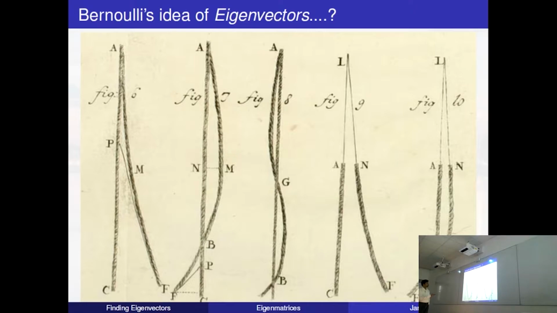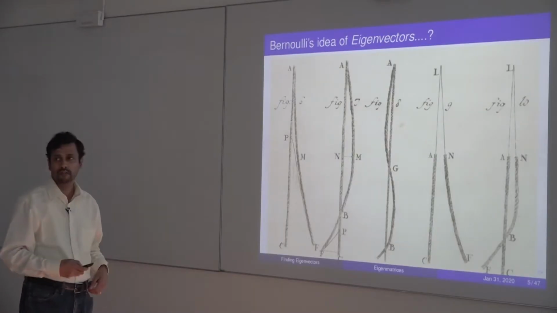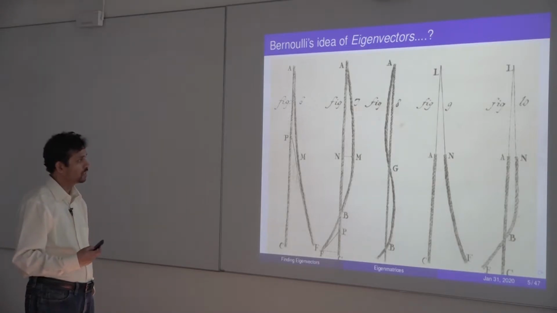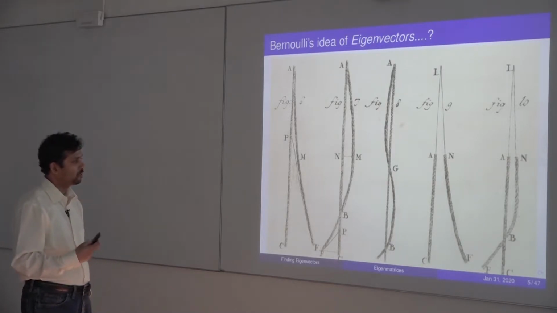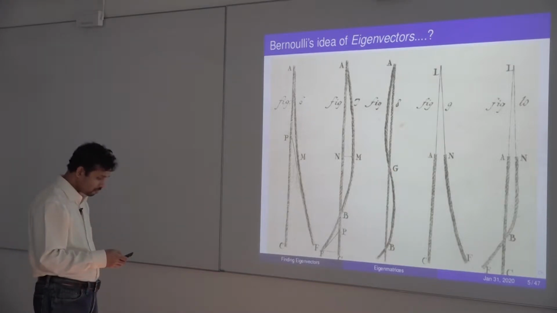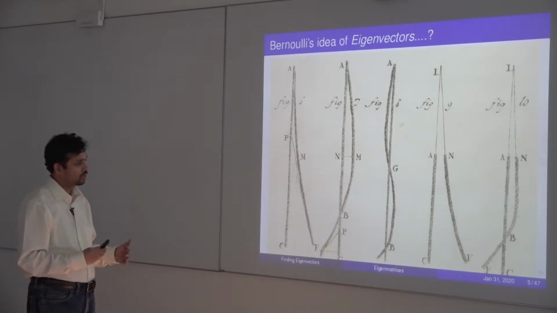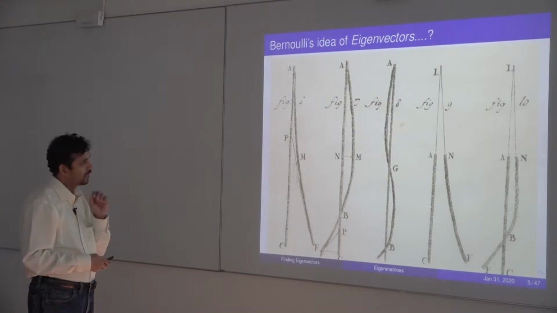These are ropes, so they used ropes to develop what they call the configurations. These days we know that these configurations are the eigenvectors, the eigenvectors for certain eigenvalues. So he had some idea behind eigenvectors in those days, but not the way we know it right now. But the actual birthplace is his work.